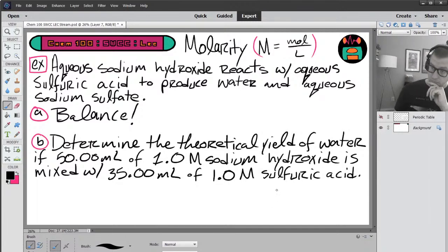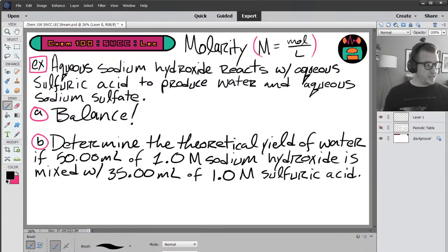All right. Step number one is we need to balance this chemical equation, and to do so, first we have to write out what our reactants and products are. So first off, we're dealing with sodium hydroxide.